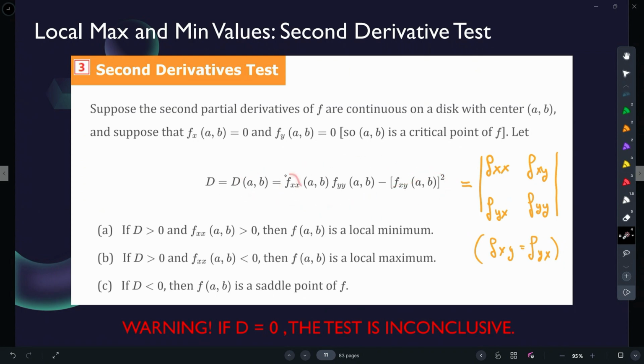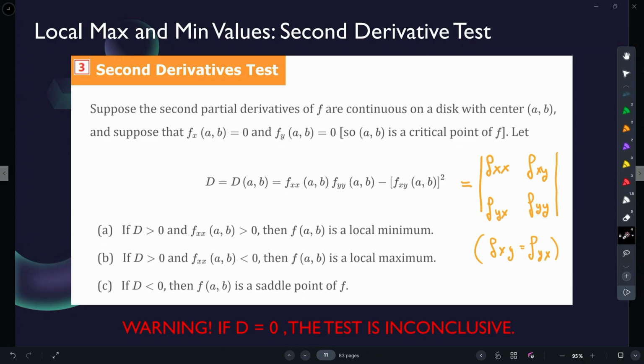this quantity. This is the second pure derivative with respect to x and then with respect to x, times the second pure derivative with respect to y squared, and then subtract the mixed derivative squared. You can remember it as a determinant of second derivatives, but just remember that when the function is nice, those two mixed derivatives coincide, so that's why there is no fyx in this formula.